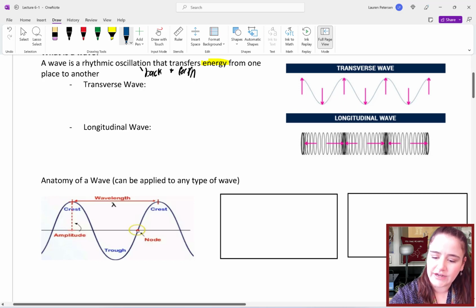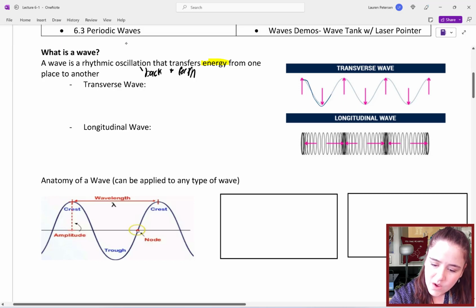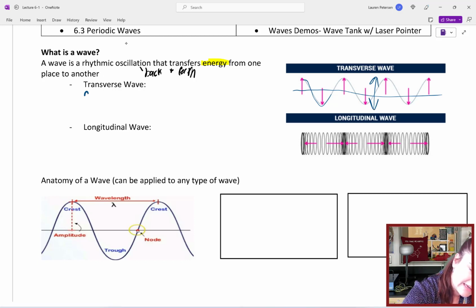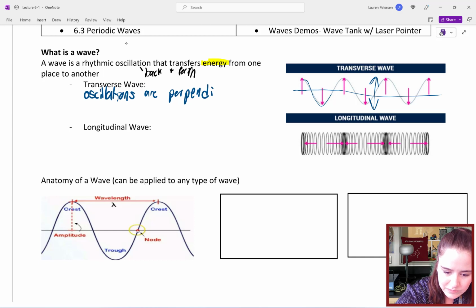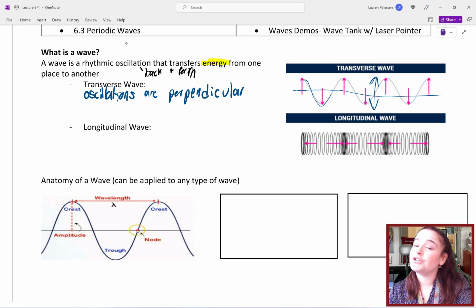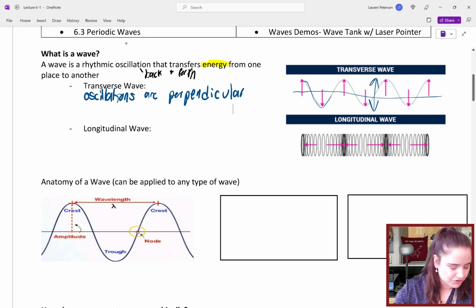There are two general types of waves that we will classify them as. The first is a transverse wave, one like this, where you can see the oscillations are perpendicular to the direction the wave is traveling.